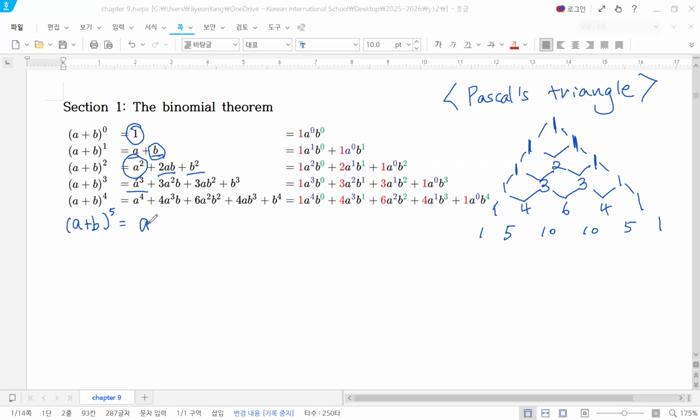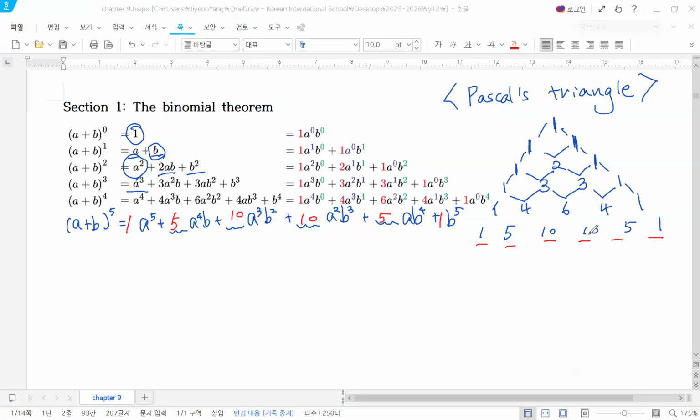As I told you, it starts from a to the power of 5 plus something a^4 b, plus something a^3 b squared, plus something, please tell me, what's the index here? a squared b cubed, plus something a b^4, plus b to the power of 5. Then you can distribute each coefficient to each term, which is 1, 5, 10, 10, 5, and 1. Do you understand?